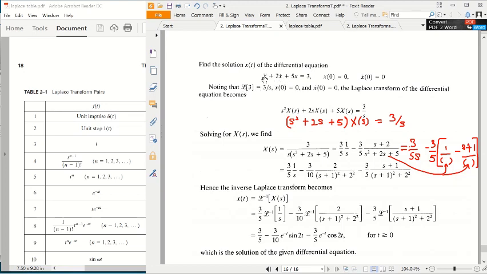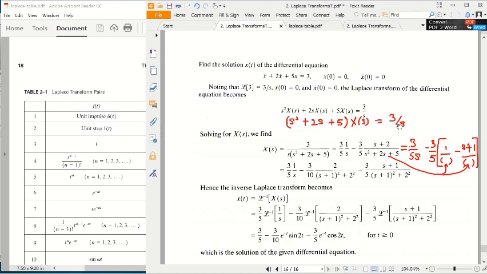So we convert this into Laplace. The first one is s squared X(s). The second one is 2s, and then you have s squared plus 2s plus 5, all multiplied by X. Because all these are 0, we don't have to take care of the initial value. And on this side we have 3 over s.